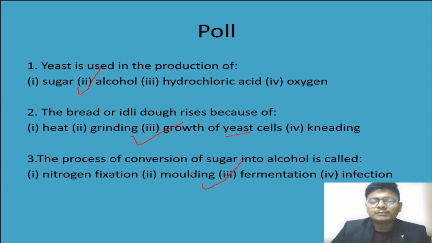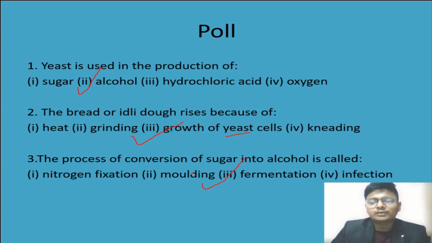Okay students, till now we have studied about microorganisms. In that we talked first about bacteria, which cause typhoid or tuberculosis, and then we talked about algae. The examples of algae were Chlamydomonas or Spirogyra. Then we talked about fungi, with examples bread mold or penicillium.